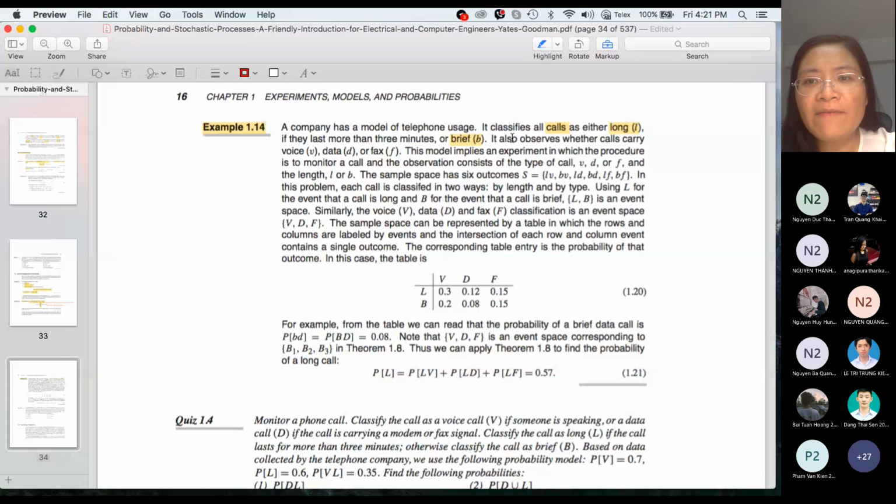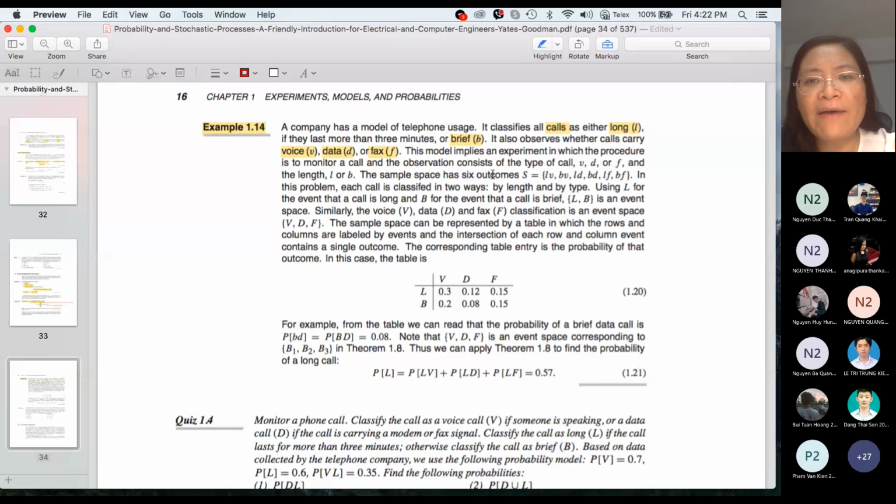It also observes whether the call carries voice, V, data, D, or fax, F. This model implies an experiment in which the procedure is to monitor a call, and the observation consists of the type of call, V, D, or F, and the length, L for long or B for brief.